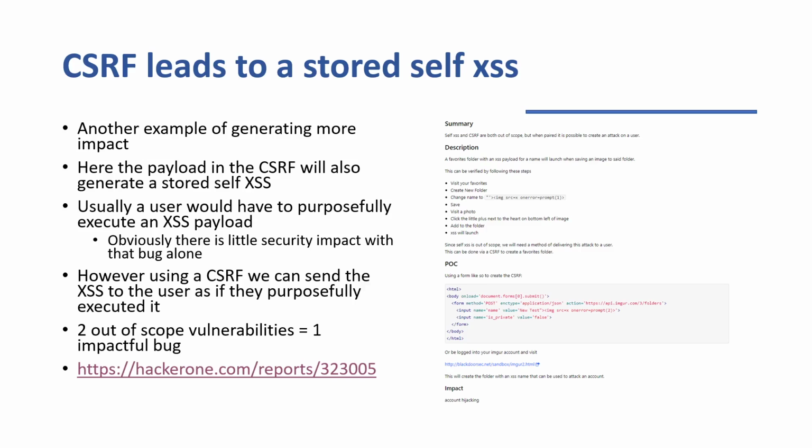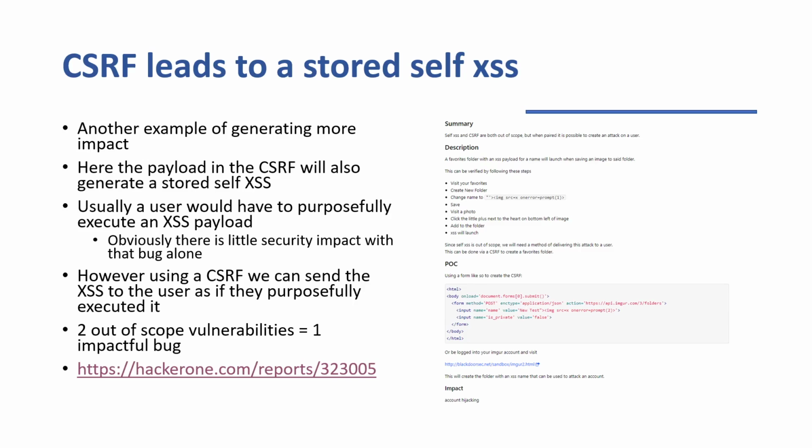So here, the CSRF is also a stored self-XSS. So usually a self-XSS is out of scope, and that's because the user has to type in the XSS payload to themselves. And there's not a lot of security impact with that, because you'd be assuming that somebody would be purposefully trying to do an XSS on themselves.